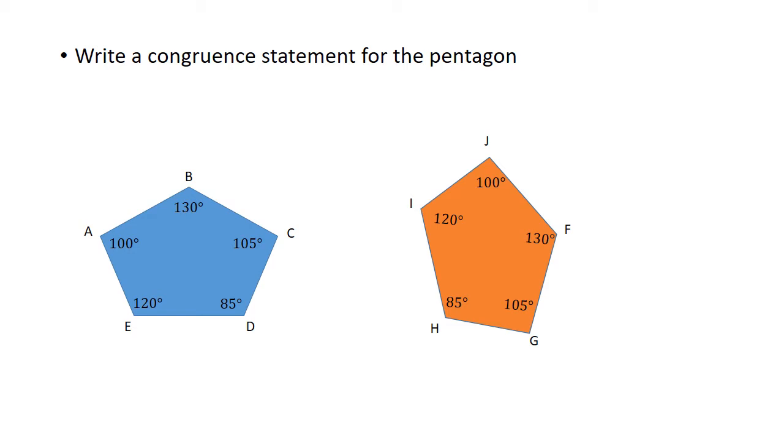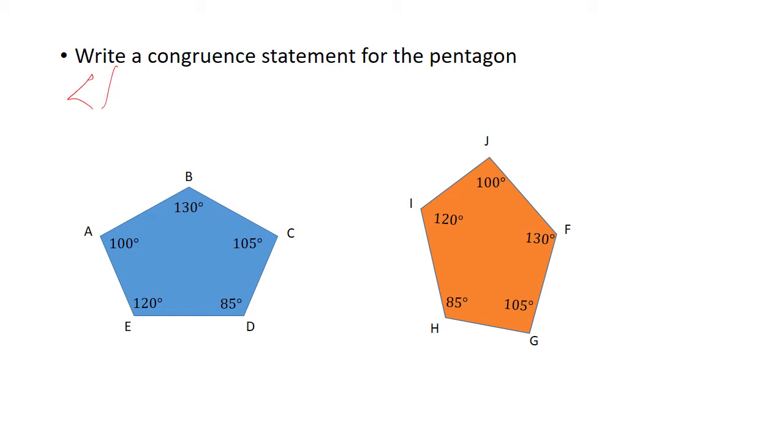So let's write a congruent statement for the pentagons. You can see that I flipped my pentagon around so it's in opposite directions. So in order to see which one is which, we'll write the first one, and then we have to write the second one. So let's figure out what corresponds to what.